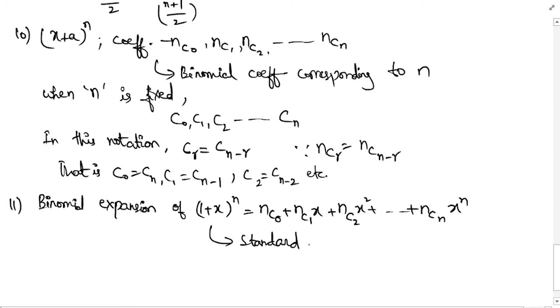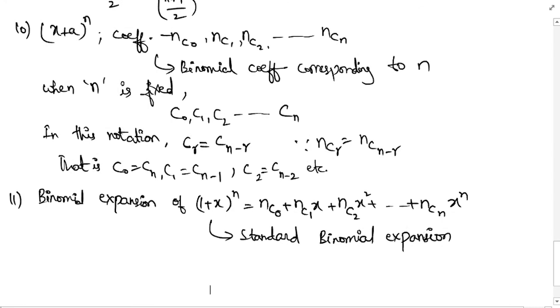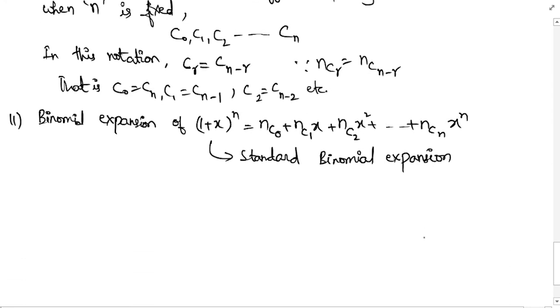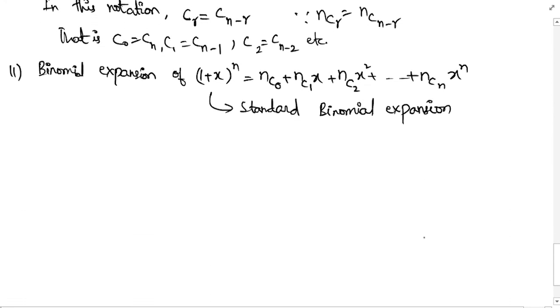Okay, this is the standard binomial expansion. So actually here I am telling each and every point because this chapter is very important. Okay. So based on this statement now, we will see the general theorems.